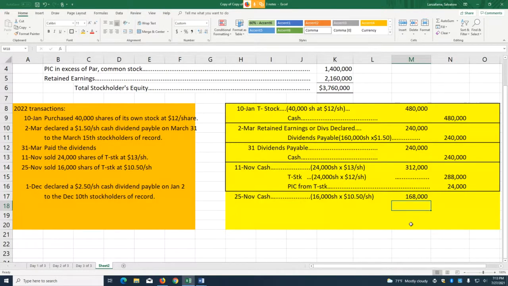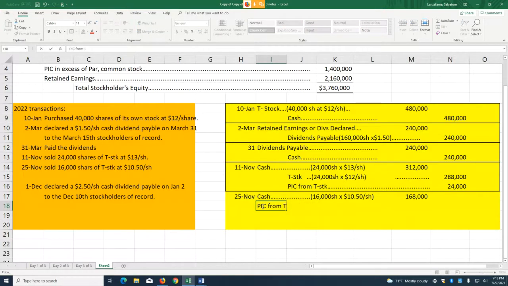So that's 168,000. We know we're going to have to debit treasury stock, or excuse me, pick from treasury stock. I'll put retained earnings in here just in case we need it.